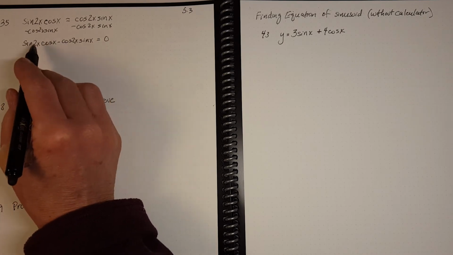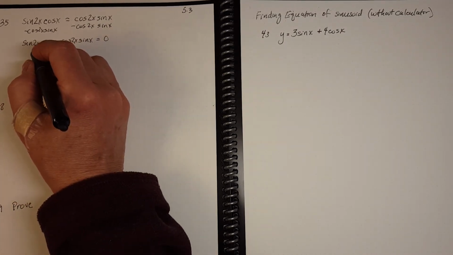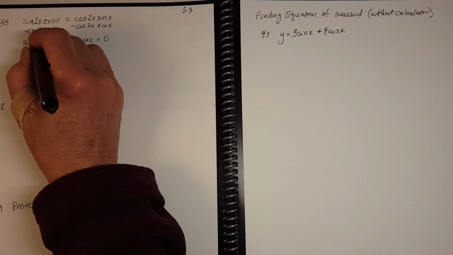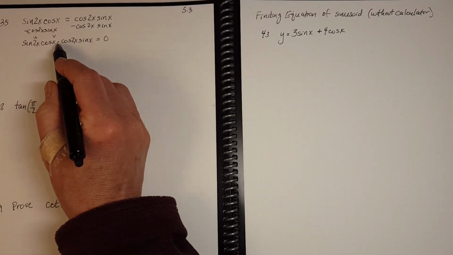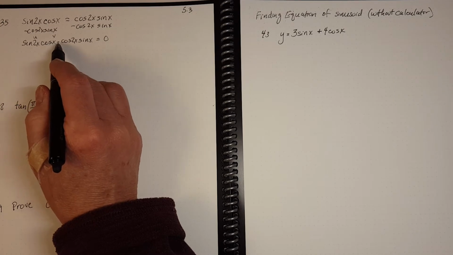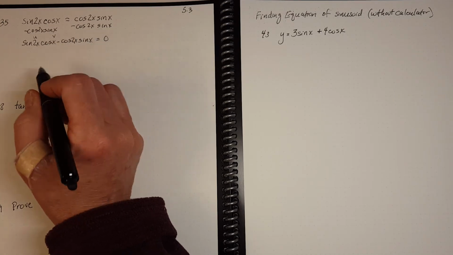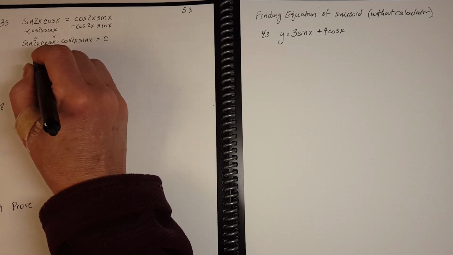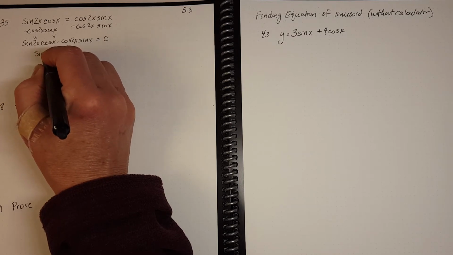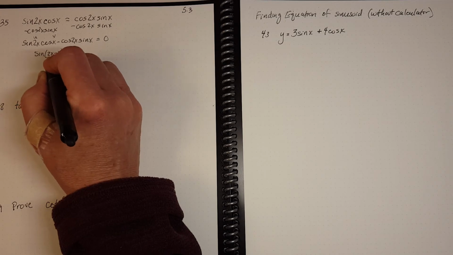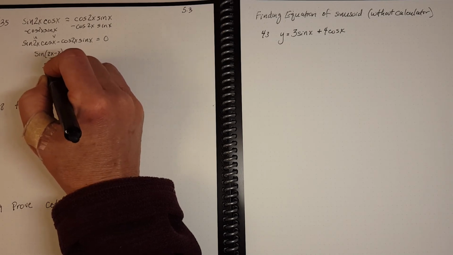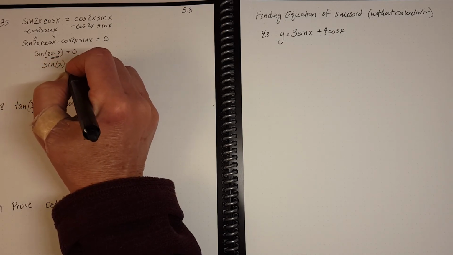And this formula is a sine of u minus v, right? If 2x is u and x is v, I would get sine u cosine v minus cosine u sine v. So this is the same as sine of u minus v, 2x minus x, is equal to 0. But 2x minus x is just x, so sine of x is equal to 0.